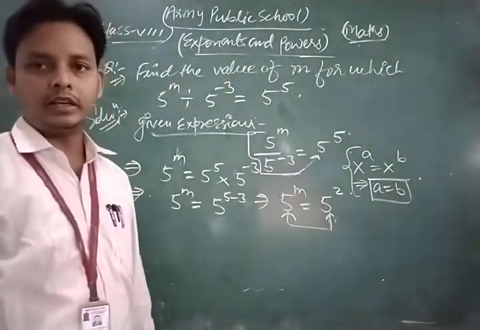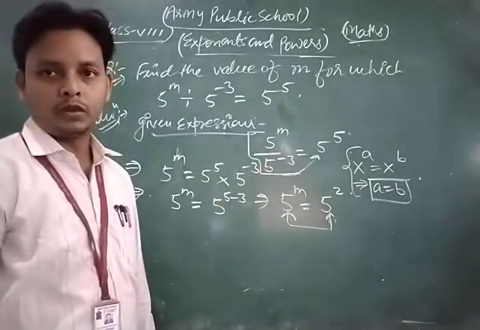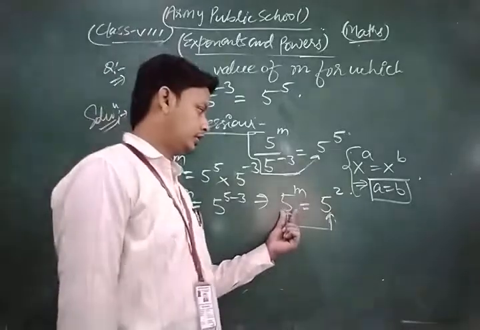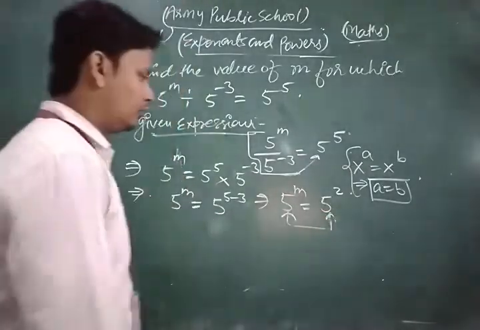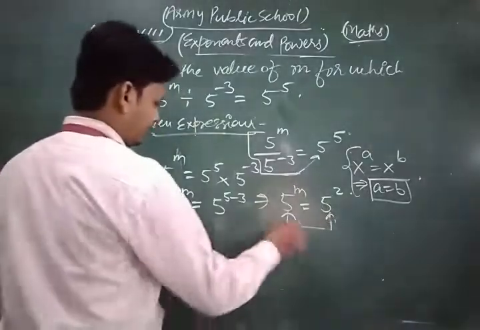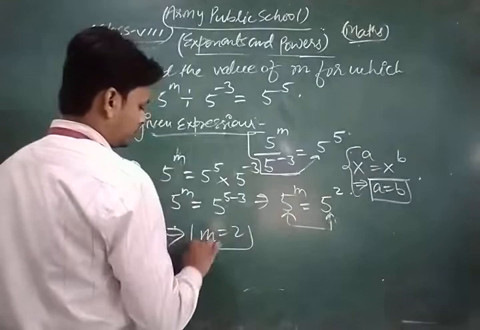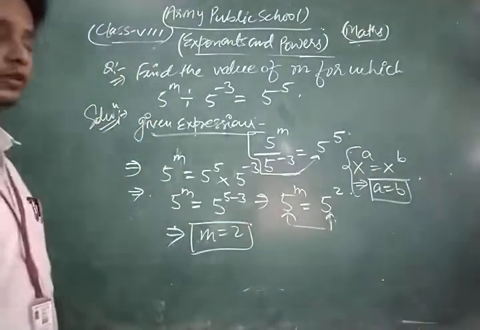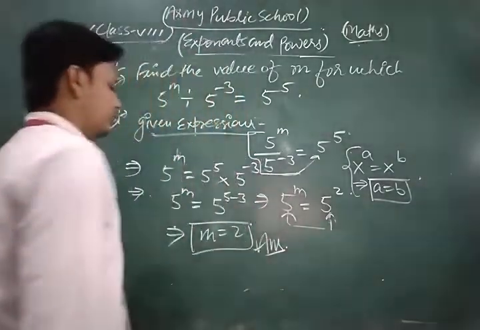Here this is 5, this is also 5, this is 5 to the power m, this is 5 to the power 2. So on comparing both sides, the value of m is 2. This is the required solution of the given question.